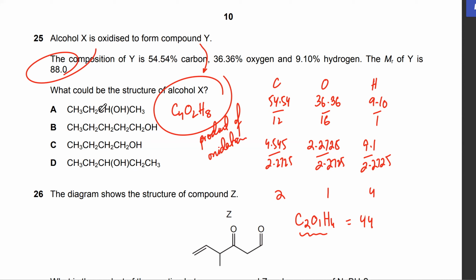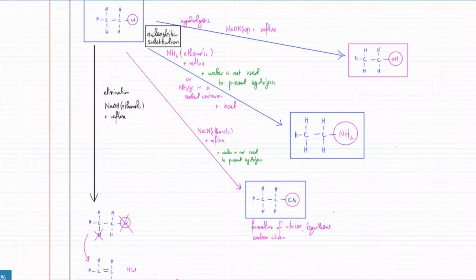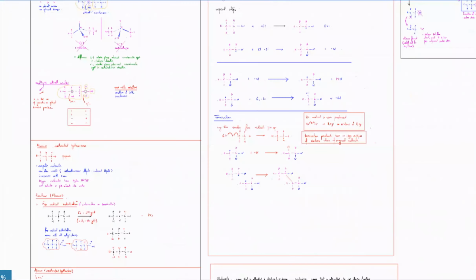So we're going to one by one try and see which one would get oxidized. What type of alcohol is this one? It's 1, 2, 3, and 4 carbon atoms. So if I draw A, that's 1, 2, 3, and 4 carbon atoms, and there's an OH on the third one. Is this a primary, secondary, or tertiary alcohol? Secondary. Okay, so that's a secondary alcohol. So if it's a secondary alcohol, where's our oxidation of alcohols?